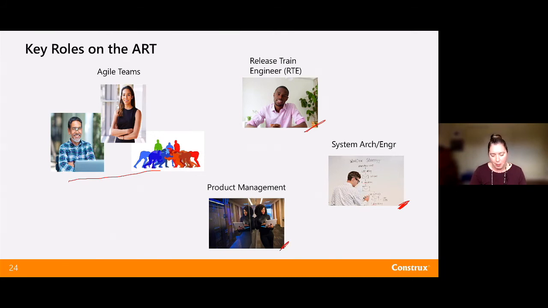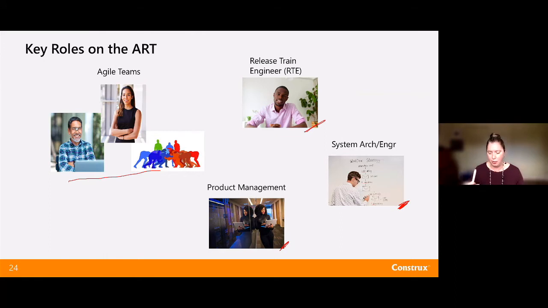And product management. They're responsible for defining the features that are in our program backlog and ensuring those features are really providing business value, giving people an understanding of what the acceptance criteria are for those features, prepping them appropriately for PI planning, approving them in a system demonstration.